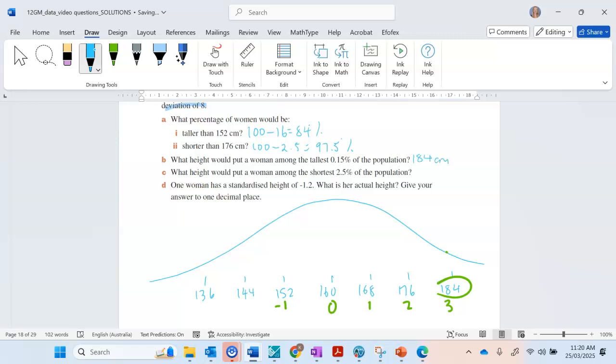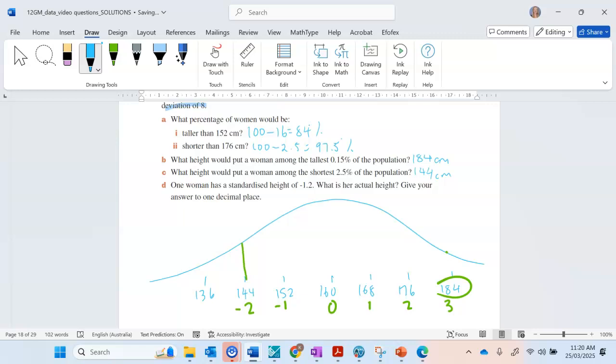What height would put a woman among the shortest 2.5%? 2.5% is going to be 2 standard deviations below, so it's 144. Again, using your percentages, they should be in front of you while you're doing these questions.